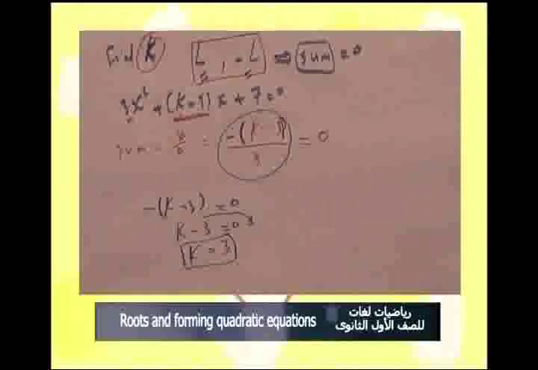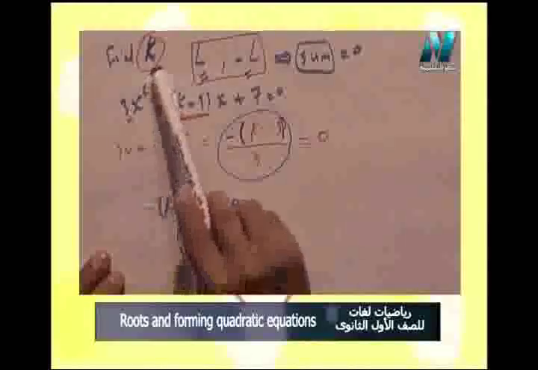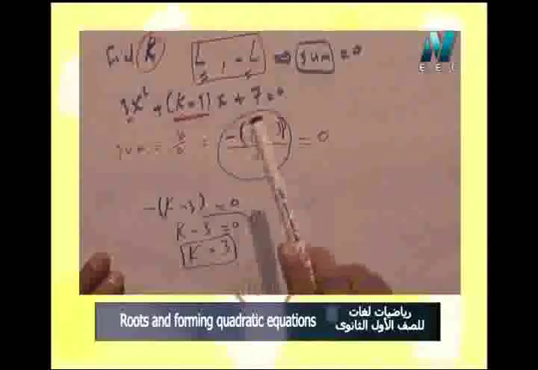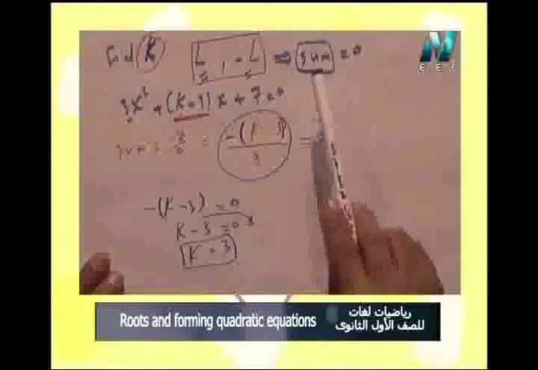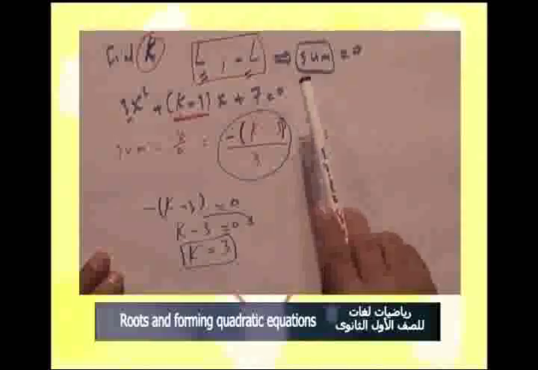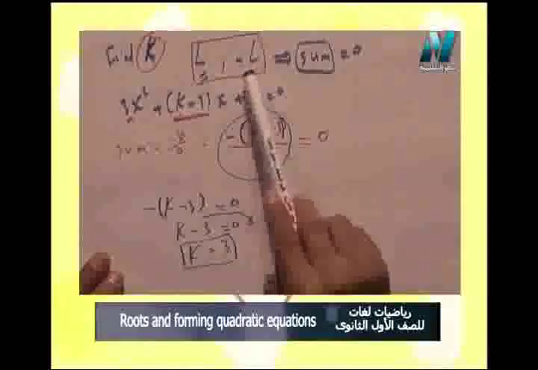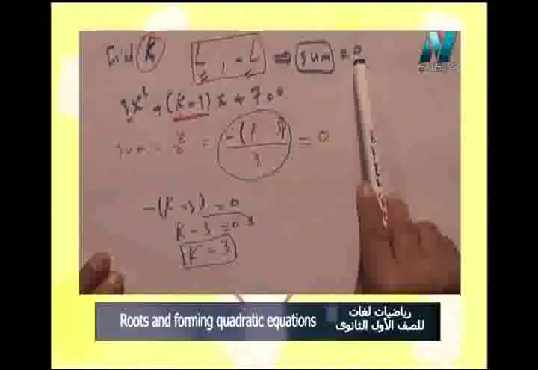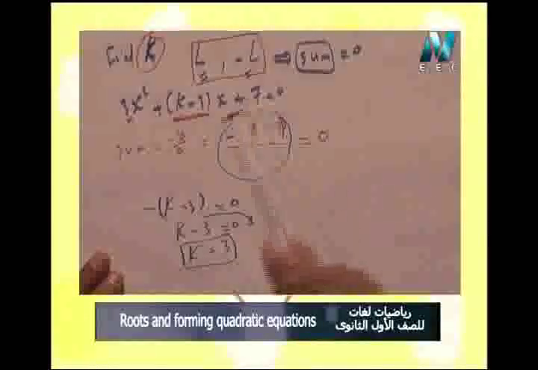Yes, it's very easy. The question is find k in this equation if what? If one of the two roots equals the additive inverse of the other. You will deduce easily that the sum equals 0, and you will find out the sum here.